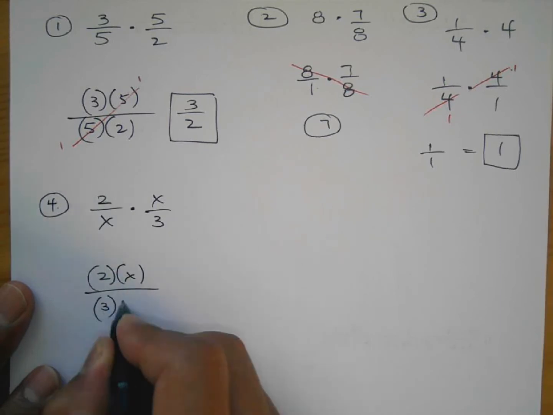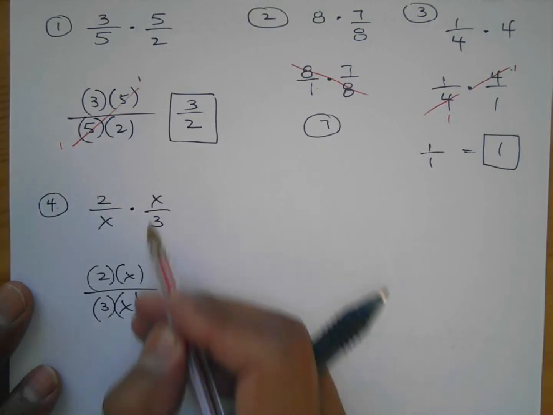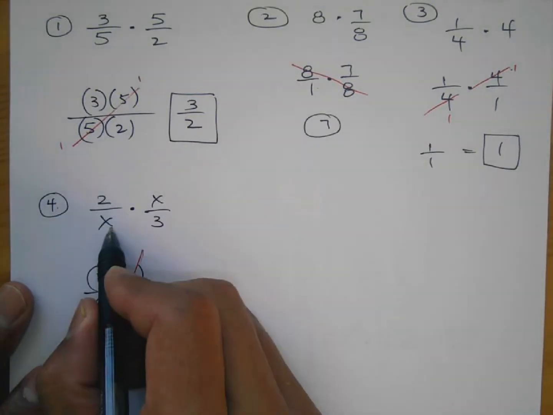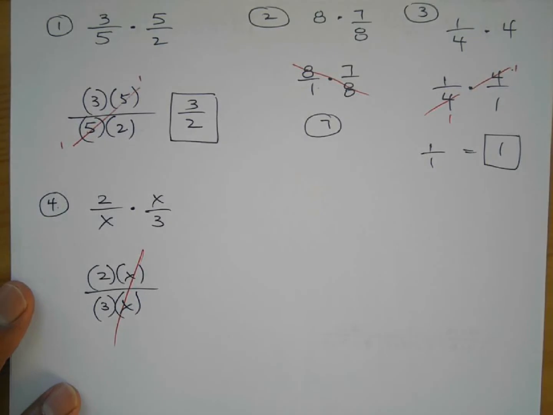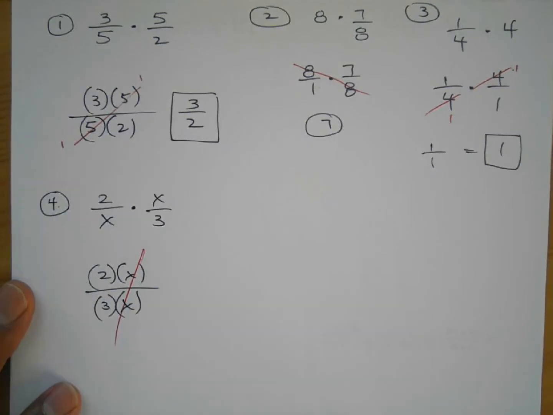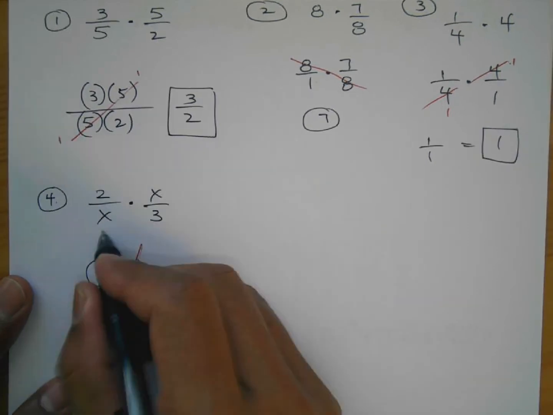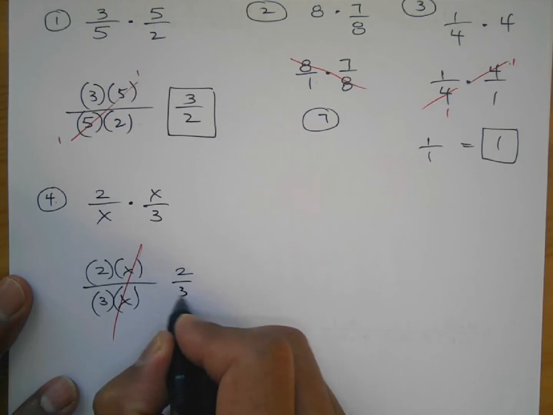I'll put 3 times x. It doesn't matter, right? Because what's going to happen to these x's? See, if you see something in the numerator that matches with something in the denominator when you're in multiplication, you can divide them out. See? So here it wasn't numbers that divided out, it was a variable. And you're left with 2 over 3.